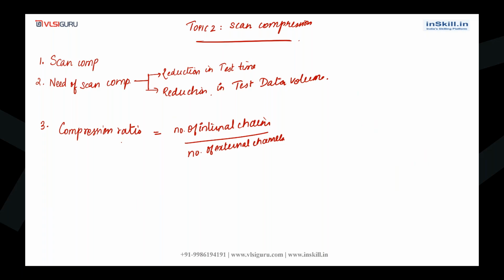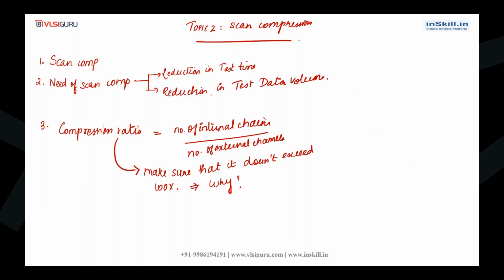This compression ratio quantity, we usually make sure that it doesn't exceed 100x. Why do we need to make sure that this compression ratio doesn't exceed 100x?